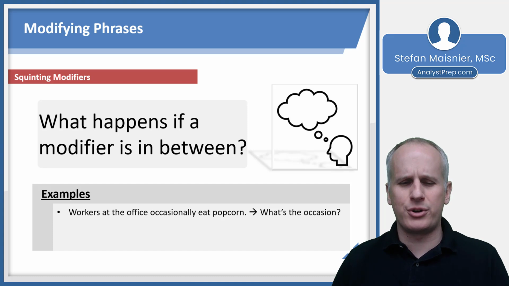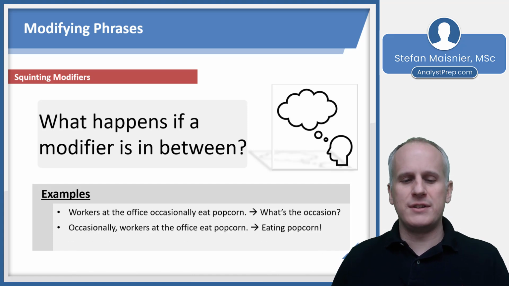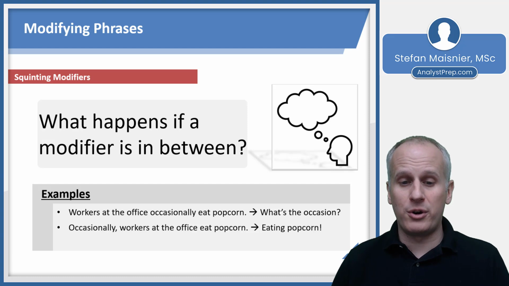Is it that the workers are occasionally at the office, or that they occasionally eat popcorn? We've got an ambiguity that needs to be clarified. So we could have a rewrite that changes it to "Occasionally, workers at the office eat popcorn." And that clarifies the occasion is the eating of popcorn, because all workers at the office, as this is written, occasionally eat the popcorn. Simple enough.